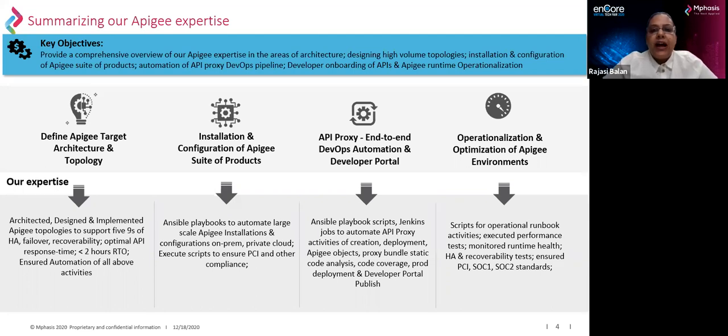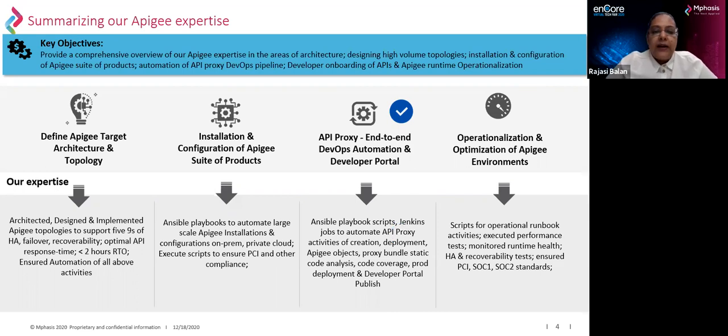Once you have your product lines in place, there is the governance and operationalization of the platform. For today's discussion, we are focusing on this tower, which is the proxy end-to-end automation.